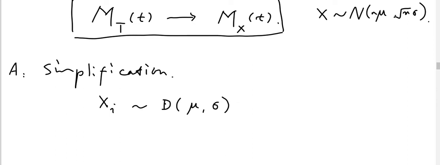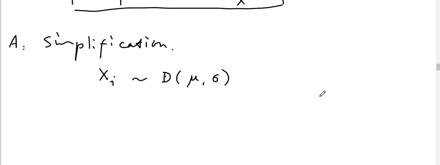For any population, we have the average and the variation among those people, so we have mu and sigma, or sigma squared. Okay, so the result is the central limit theorem.